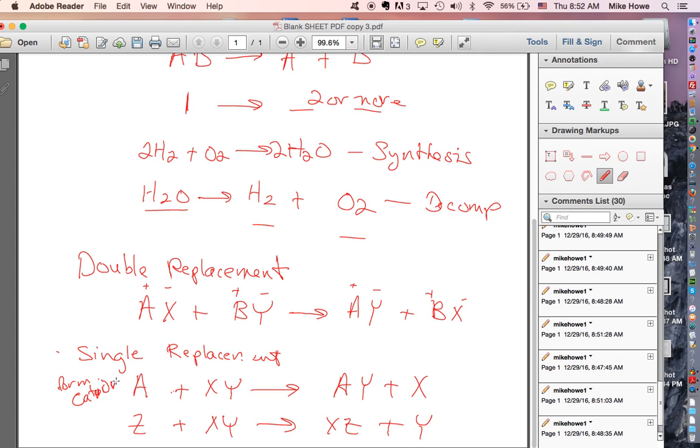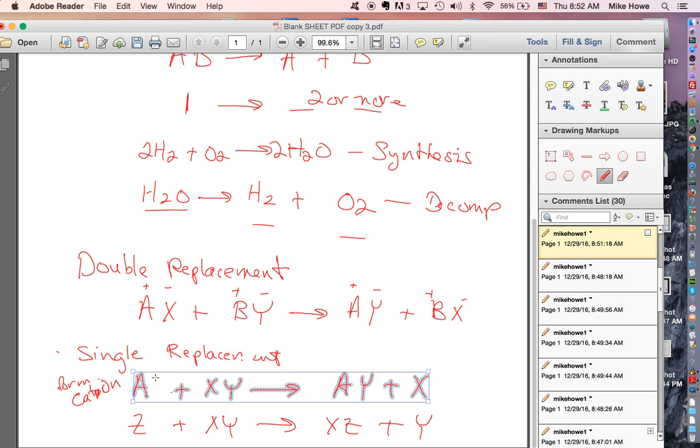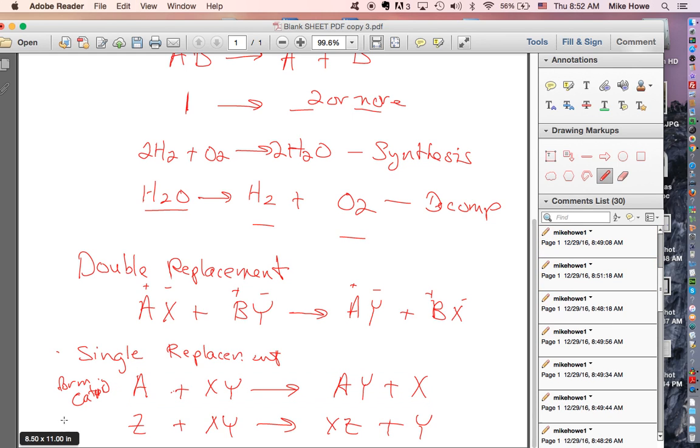Okay, so if this element forms a cation, it'll replace the cation. So this guy here would come in and replace X. Okay, so metals form cations. So if this was a metal, or hydrogen, but usually just a metal, the metal would replace the first part of the compound.